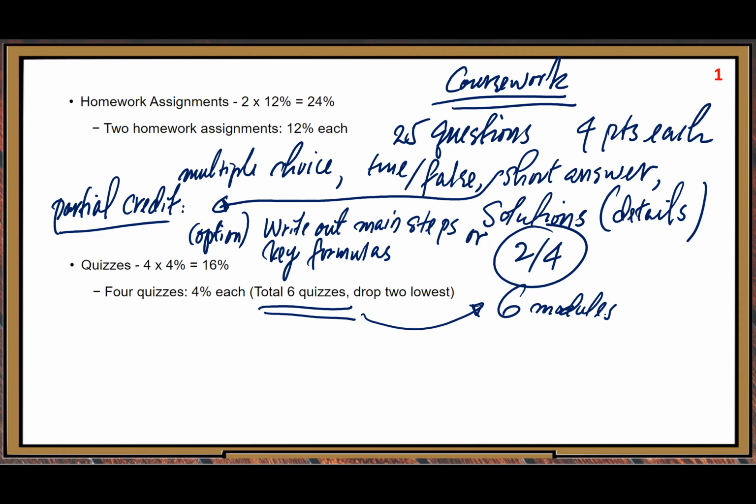That's why we will have total 6 quizzes. But for grade calculation, I only take 4 out of 6. So I give you a chance to drop your 2 lowest quiz scores. In that case, if you do not do well in 1 or 2 quizzes, the damage is still under control. You can drop them.